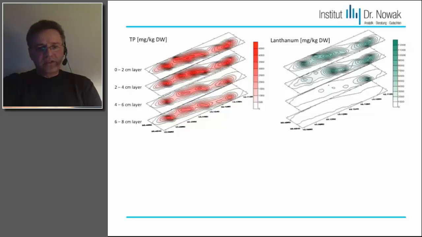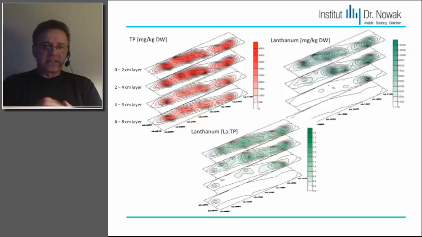To make it clearer, I paired both and made a ratio between phosphorus and lanthanum to find out where the problems are. You can clearly see that we had a cover of lanthanum to bind the releasable phosphate, but it's a very small cover and maybe not enough.